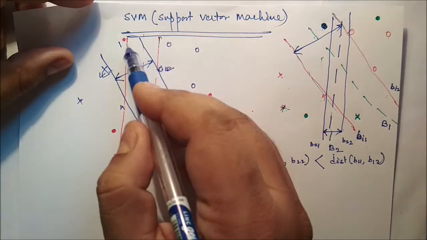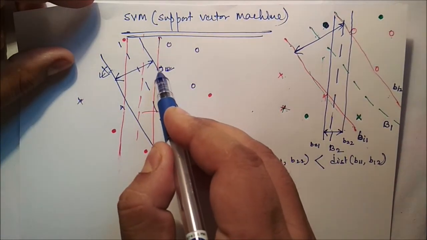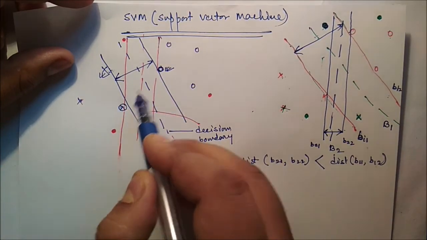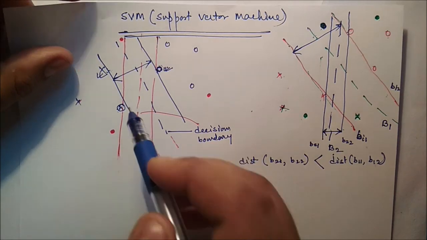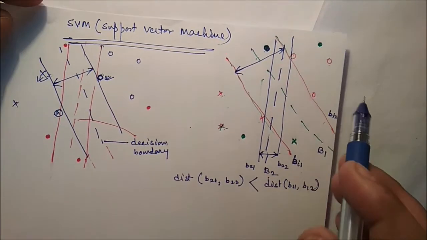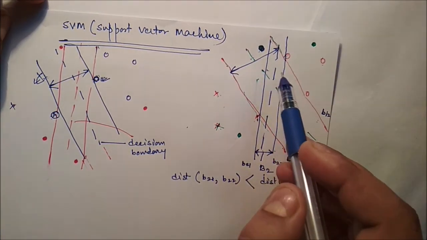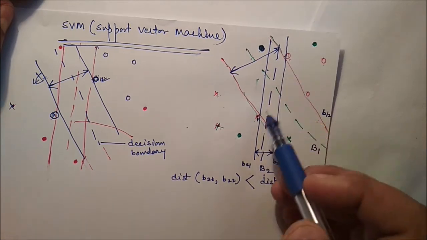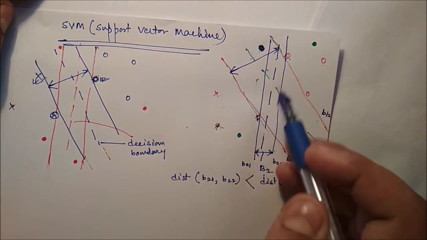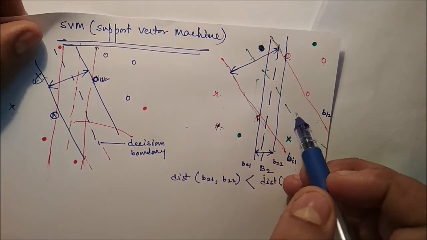Similarly, for this particular hyperplane, we use these as training data, so these two are the support vectors for this margin. Similarly, for this hyperplane, this one and this one are the support vectors, and for this one, this one and this one are the support vectors. So with the help of support vectors, with the help of training data, we can draw the margins or the hyperplanes.